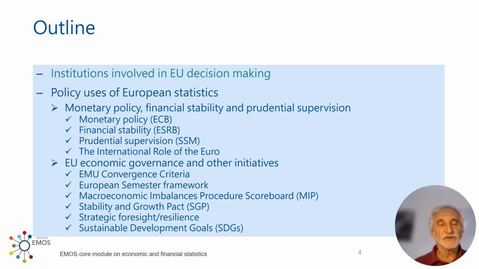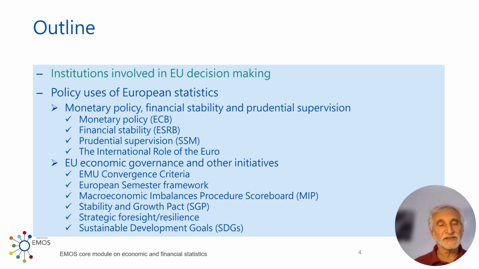And then I will move on to EU economic governance and other EU initiatives which use statistics, which are evidence-based, again in the area of economic policy making. I want to cover a little bit the convergence criteria for monetary union, so the criteria a country has to fulfill to join monetary union.